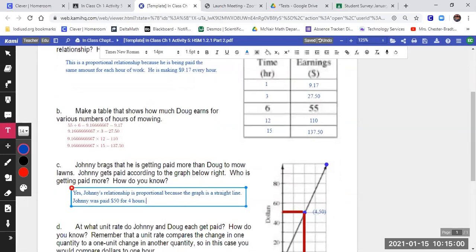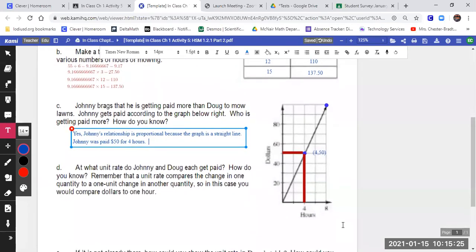So who gets paid more? And when they say who gets paid more, who's getting paid more for each of their hours? What would be a bigger number? Dividing 55 by 6 or dividing 50 by 4? What's going to get us a bigger number?